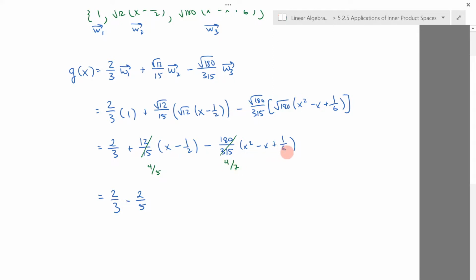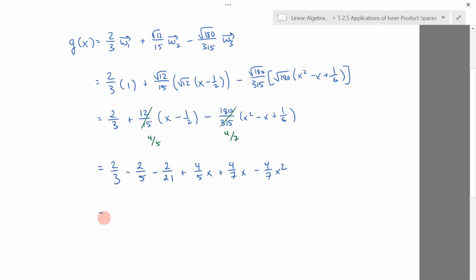So 2 cancels out, so 3 times 7 is 21, so minus 2 over 21. So that's the constant term. What about the x term? So I have plus 4/5 x. And then minus becomes a plus, so plus 4/7 x. And then x squared, there's only this term, right? So minus 4/7 x squared.